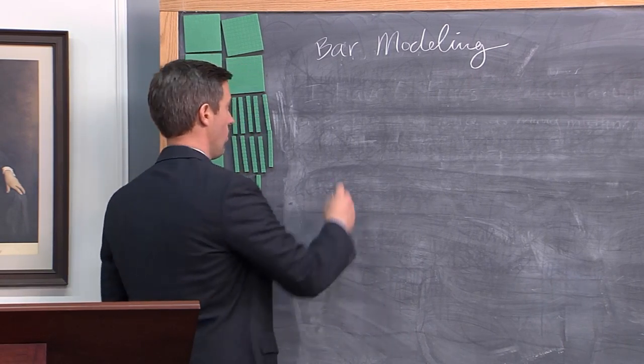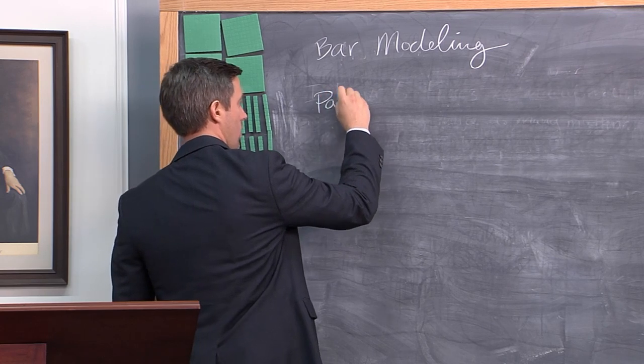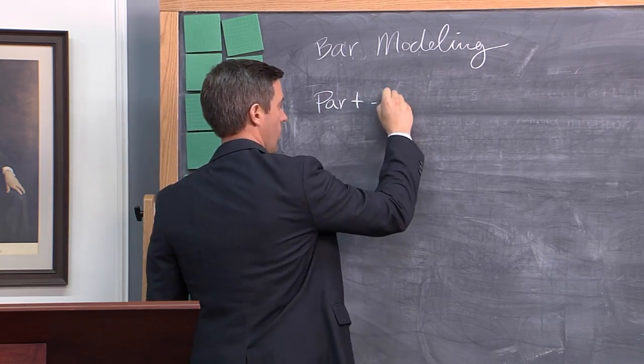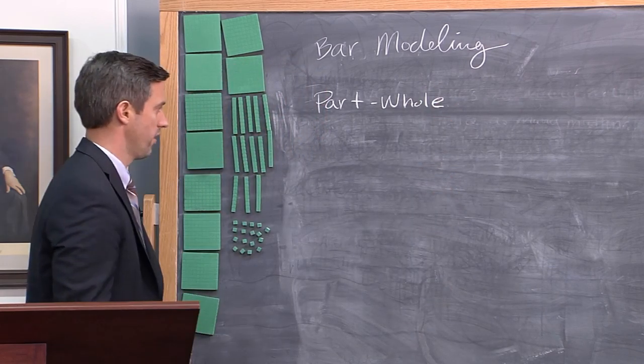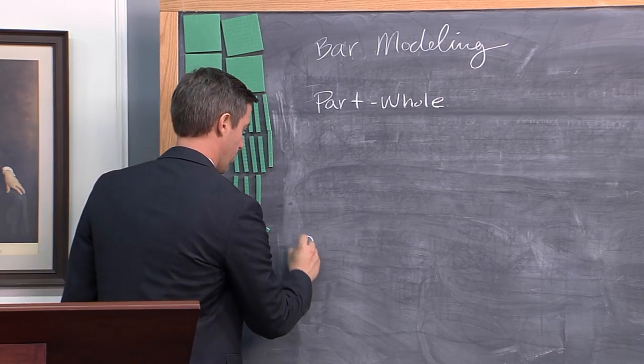So we have part-whole, which some people call the part-whole model, and then we have the comparison model.